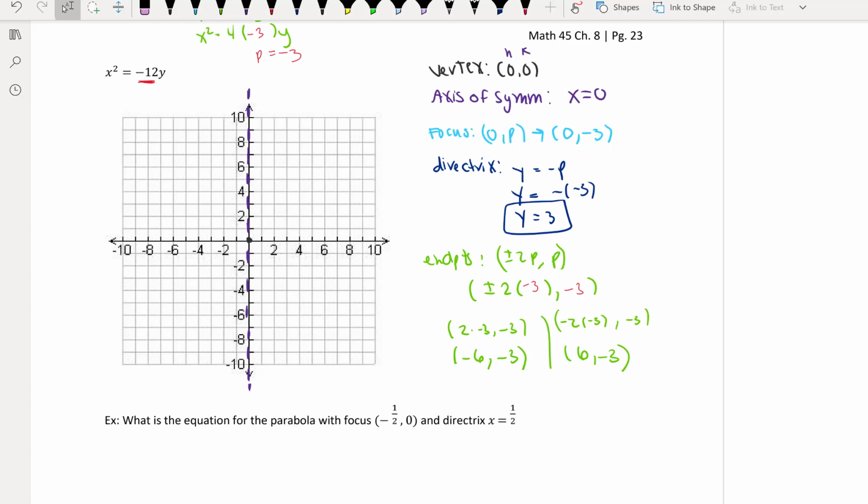Okay. And I have my focus at 0, negative 3. So that's here. Don't forget that my vertex was there. And I have my endpoints at negative 6, negative 3 and positive 6, negative 3. And I guess I can graph my parabola now. It's going to be very wide. It connects the vertex through the endpoints.